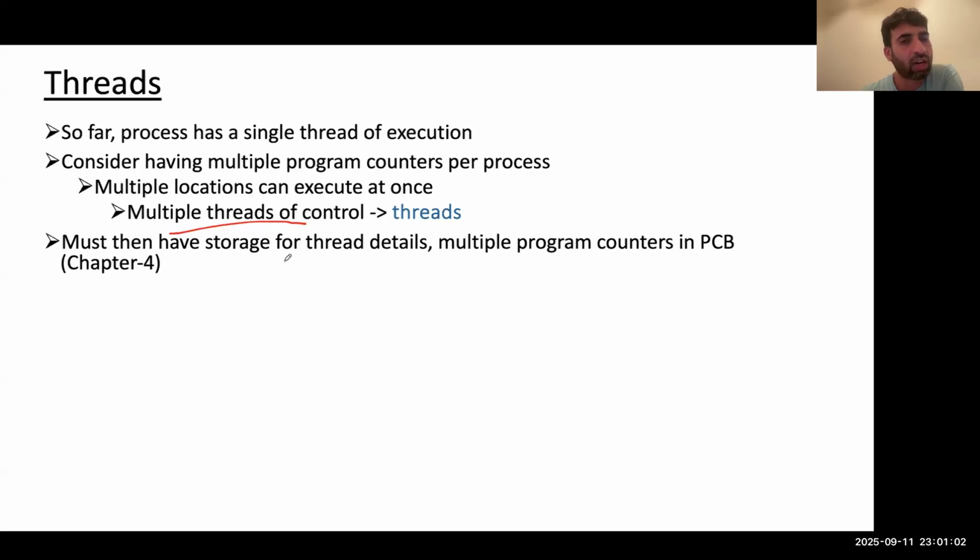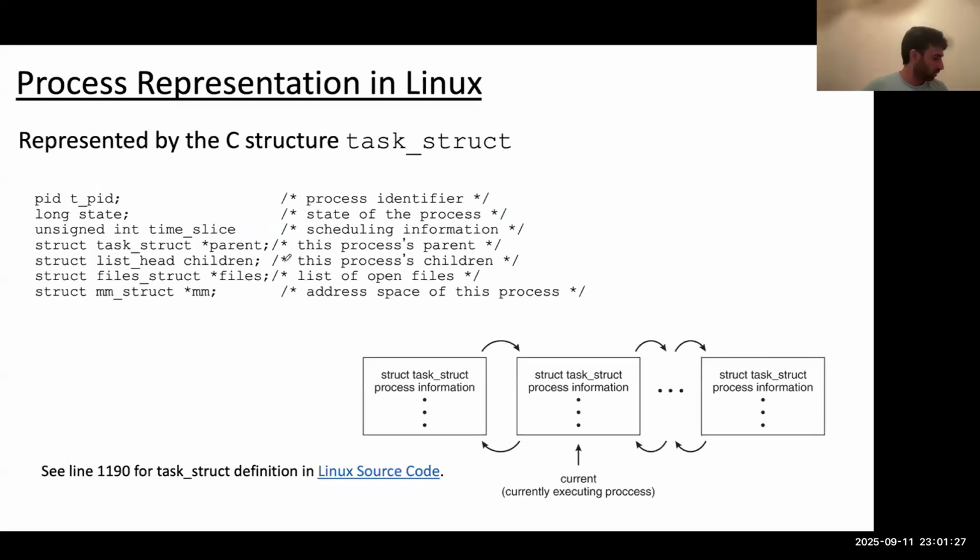Just like we have the information for a single threaded process, if we have more than one thread we also need per thread information. For example, each thread has its own program counter. So this time in the process control block, we will store the values of more than one program counter. Any questions?